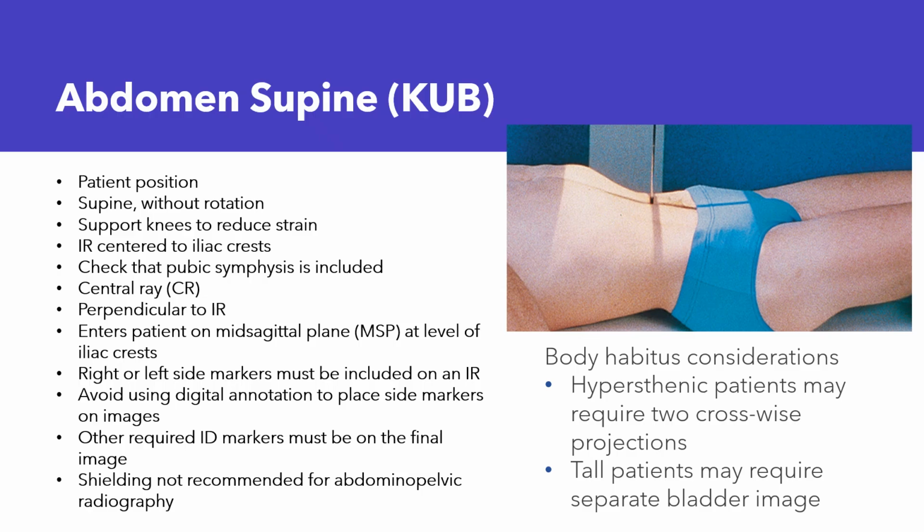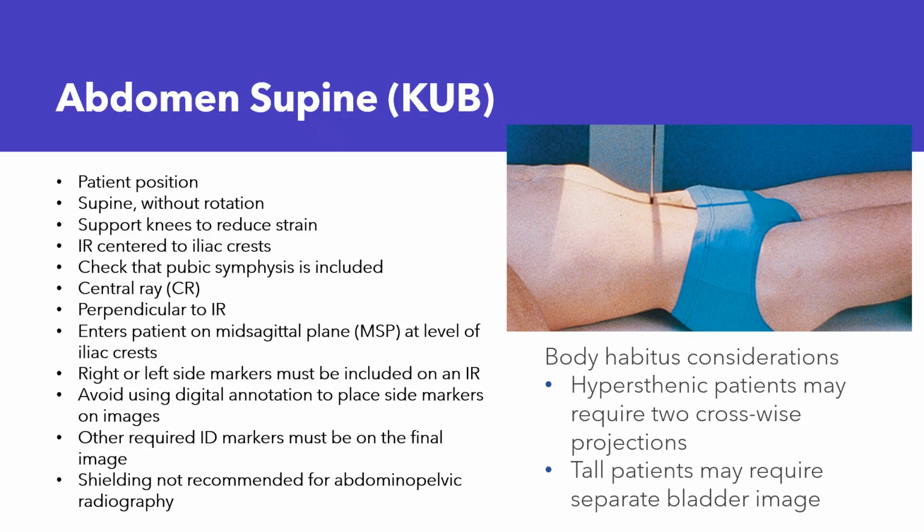You're going to take either a pillow or a rolled up flat sheet or a 45-degree angle positioning sponge, and allow them to bend their knees and put a support sponge underneath their knees. That's going to reduce lumbar strain and it's going to make them more comfortable. Okay? It does not affect image quality.